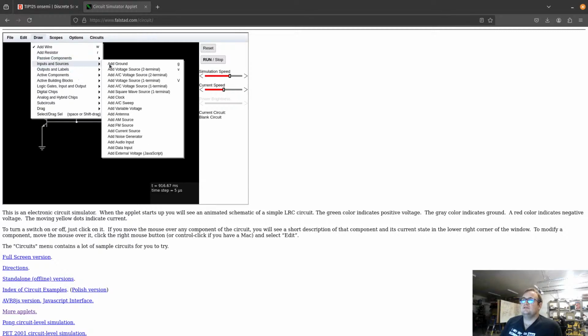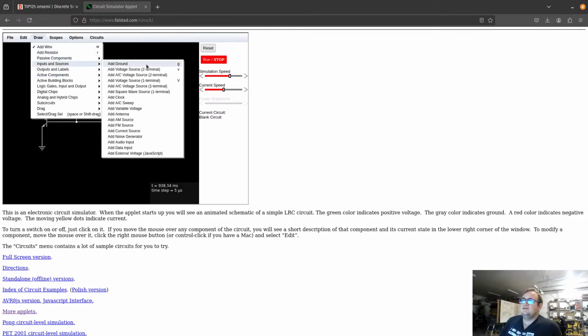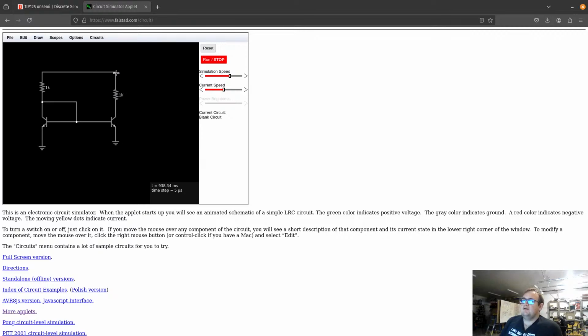Inputs and sources there. Oh, I want to stop this first. Again, just so that I don't give anything away. I want to give myself at least a moment to try and explain it in my own words before I just let the simulator do it for me.